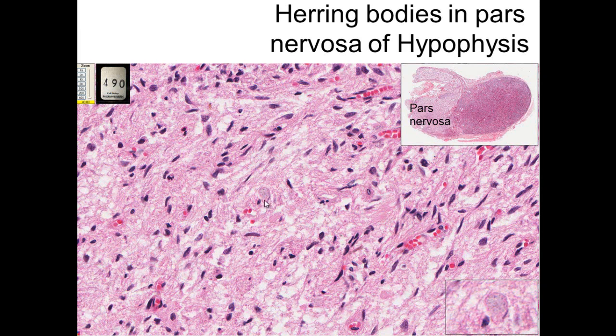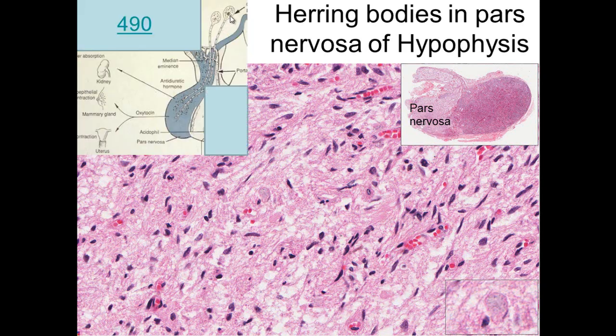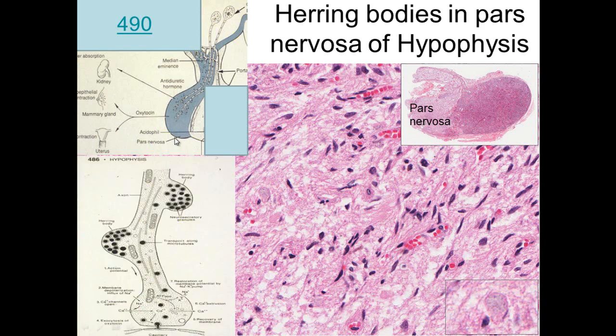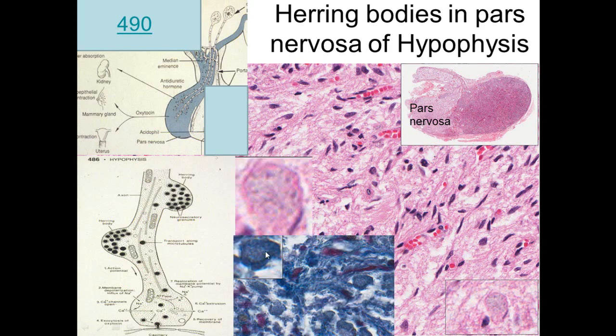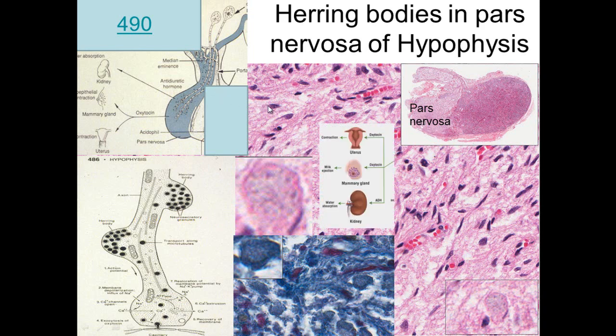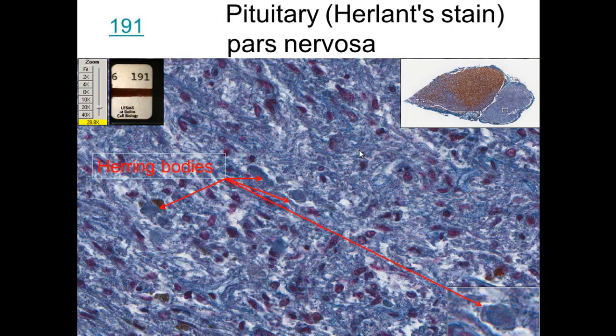And the pars nervosa, here we can see Herring body here and here, and as the nerves from the hypothalamus send down to the pars nervosa, you can see here they have these swollen portions of the axon where the Herring bodies would be, and in those Herring bodies would be oxytocin and antidiuretic hormone, and they'll be affecting the kidney, the mammary gland, and the uterus.